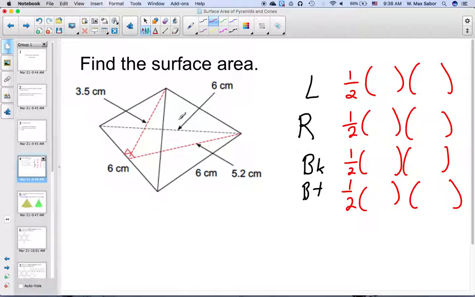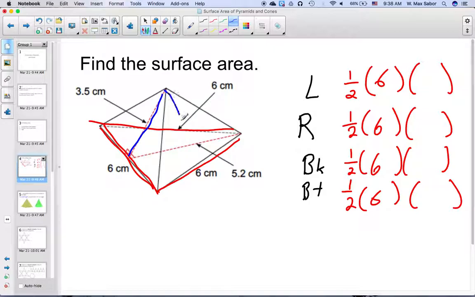For all of these, the base is 6. That's the base of the left, the right, the back, and the bottom. For the left, the right and the back, the height is 3.5, and for the bottom, it's this 5.2.